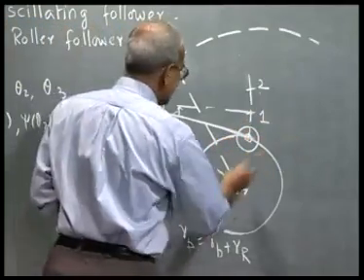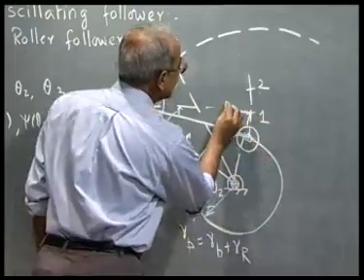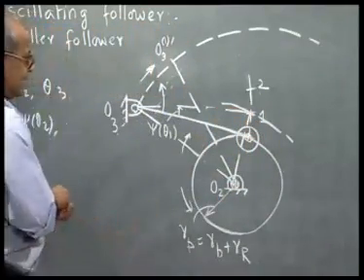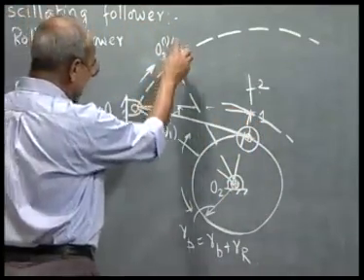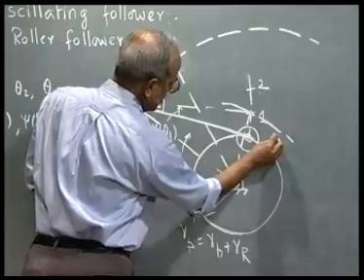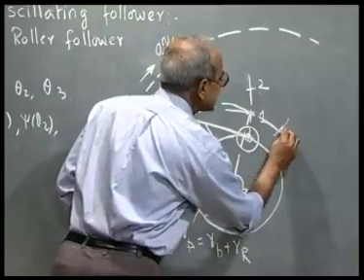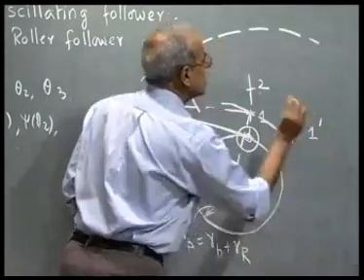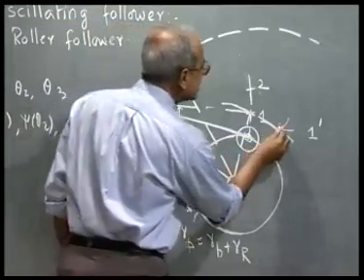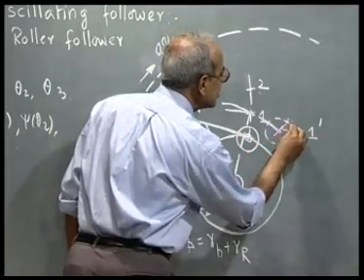So, to get the inverted position of 1, I draw a circular arc with O2 as center and O2 1 as radius, and from O3 prime I draw a circle with O3 1 as radius. Where these two circles intersect is the inverted position corresponding to station point 1, that is the roller center. At this point I can again draw the roller whose radius is given to us.